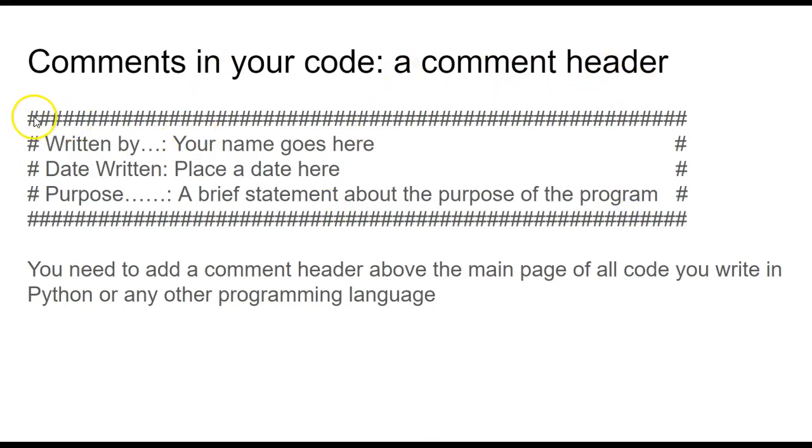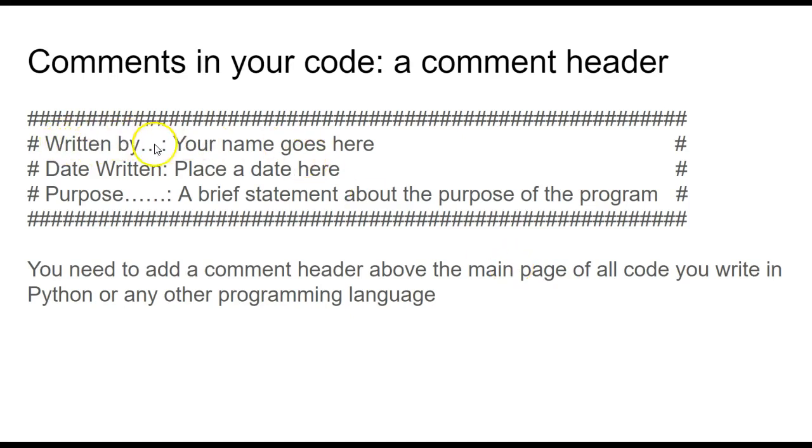For example, here is something called a comment header. So I start a line with a single pound sign. Everything else is ignored. So what I did here on this screen is what's called a comment header. You should have a comment header above your source code, or where at least your main source page of your source code is at all times.